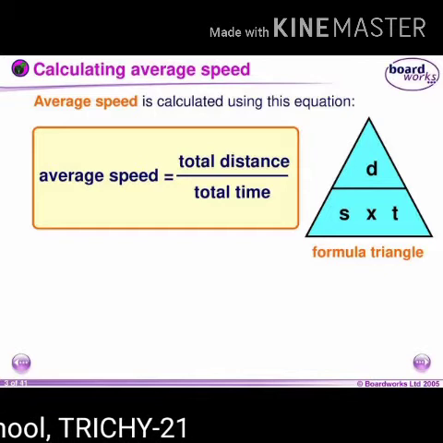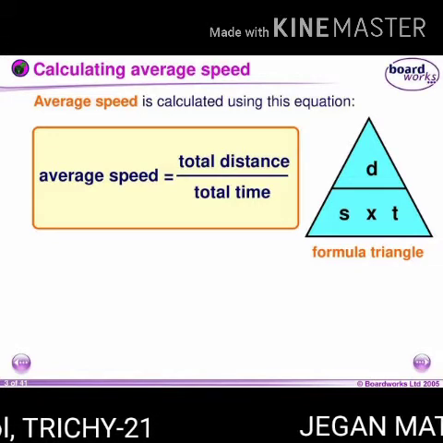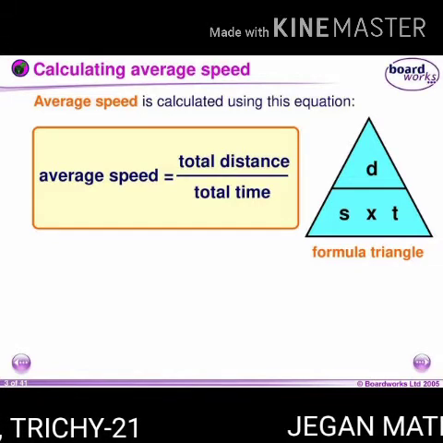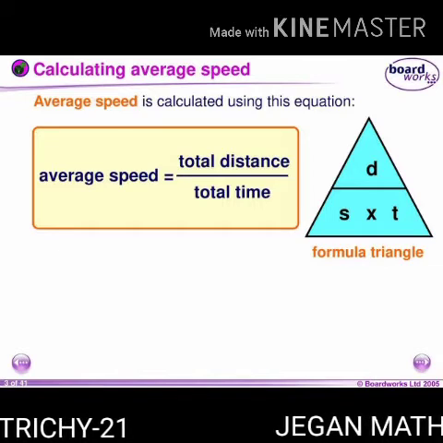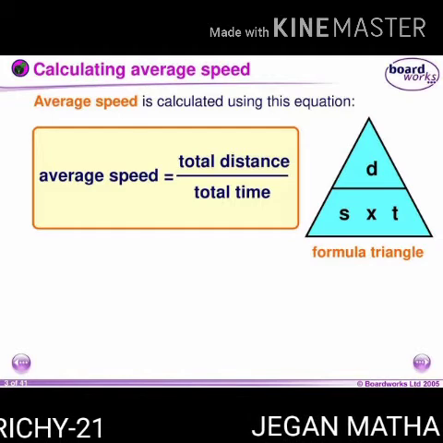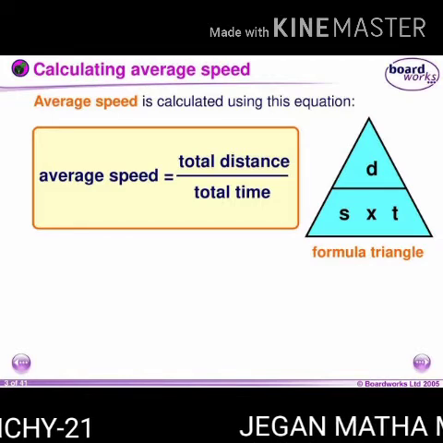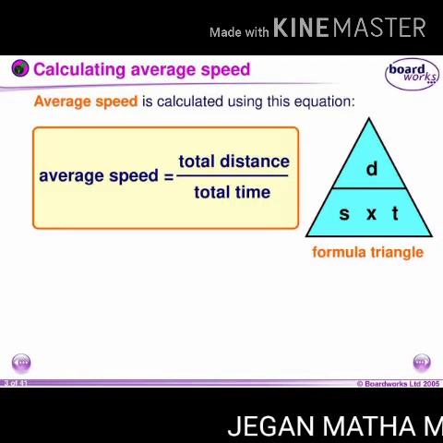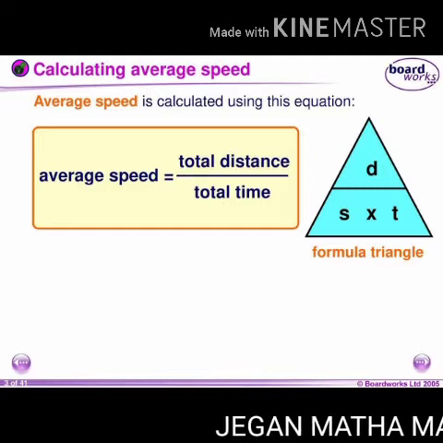Average speed. The distance traveled by an object in unit time is called the average speed of the object. Average speed can be calculated by dividing the distance traveled by the object by the time taken, that is d by t.